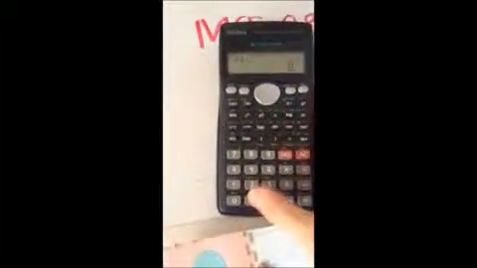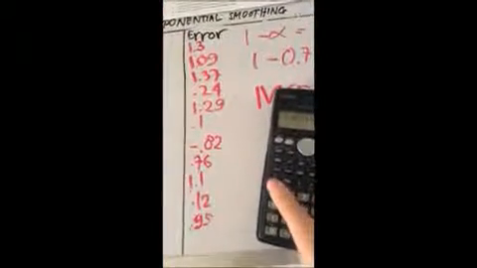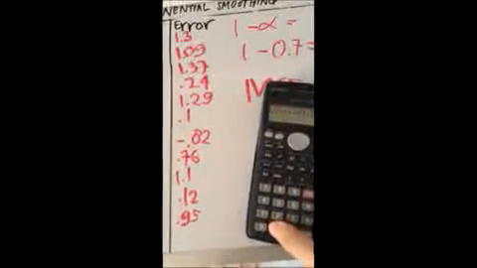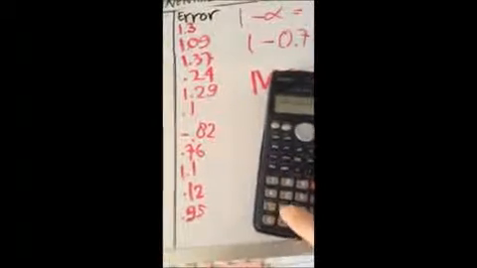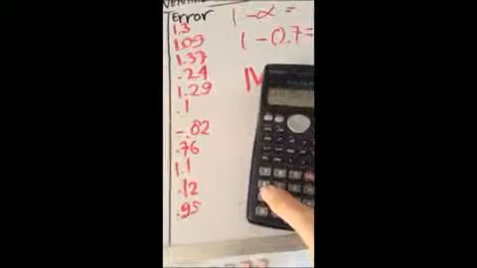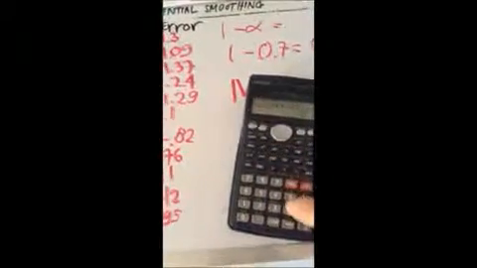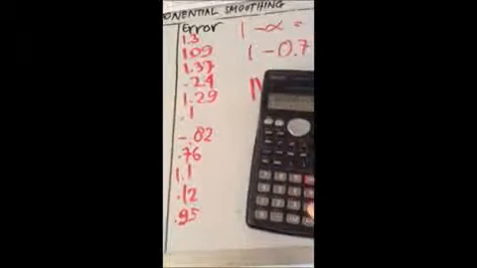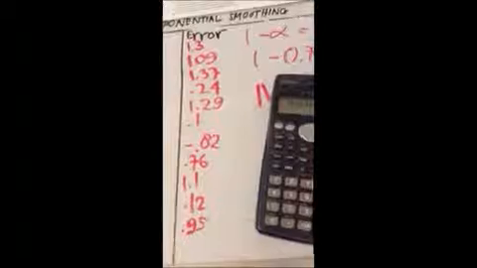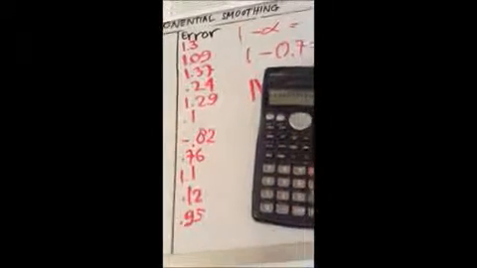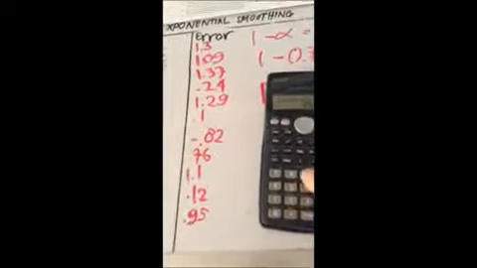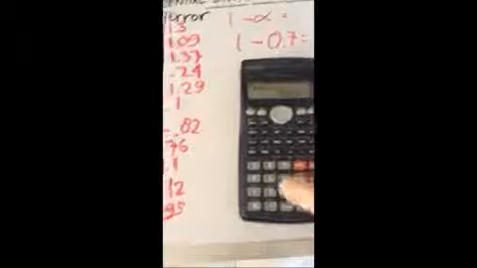So 1.3 squared plus 1.09 squared plus 1.37 squared plus 0.24 squared plus 1.29 squared plus 0.1 squared plus 0.82 squared plus 0.76 squared plus 1.1 squared plus 0.12 squared plus, it is not enough, so we're going to add this and then plus 0.95 squared plus and then divided by 11.